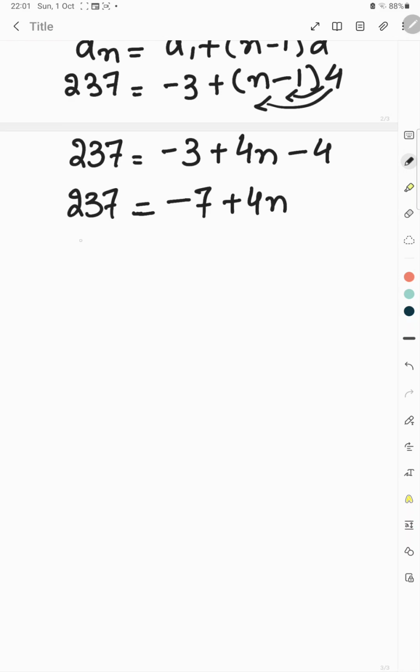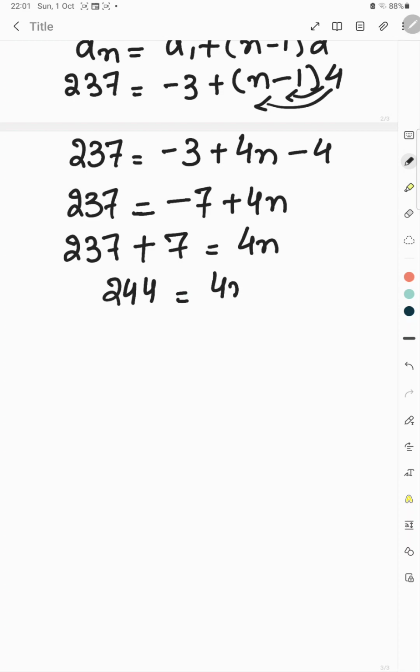Now we have to shift this -7 to the other side of the equation, so it becomes +7, and what remains is 4n. So 237 plus 7 is 244, and here 4n.